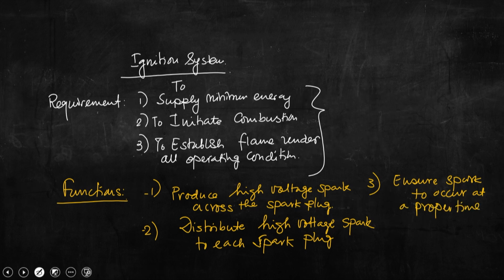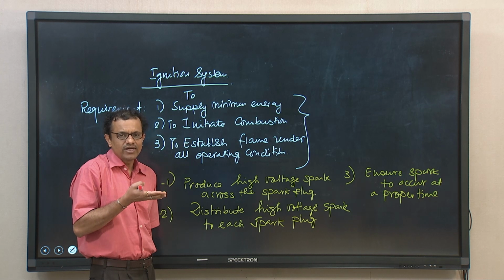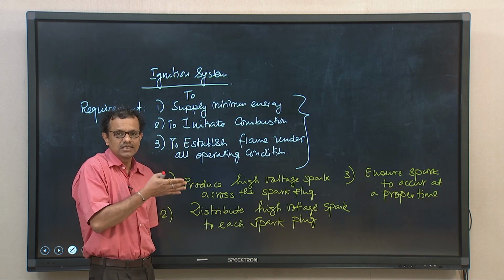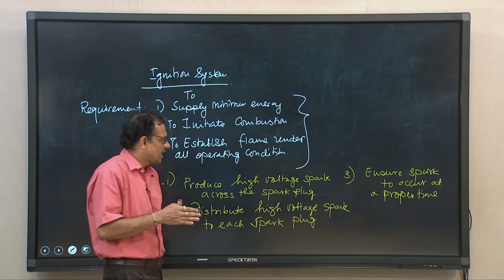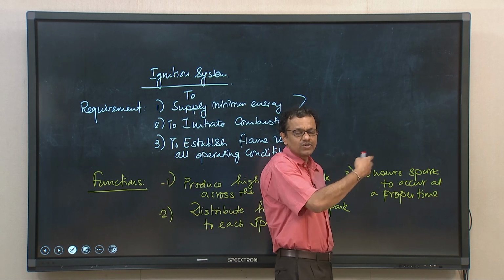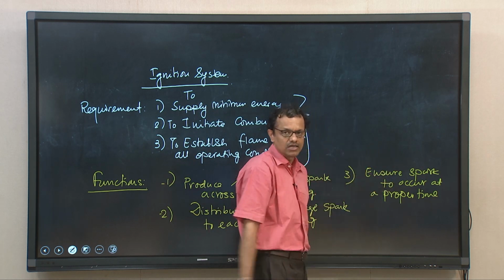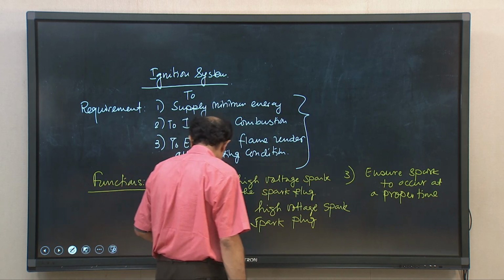What does it mean? I hope you have read internal combustion engine. Pertaining to spark ignition engine, actual combustion starts when the piston is moving towards TDC from BDC, and when the piston is about to reach TDC, this spark will occur. So, that is the concept.